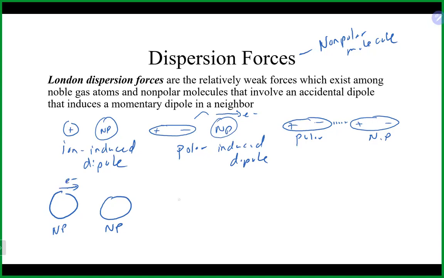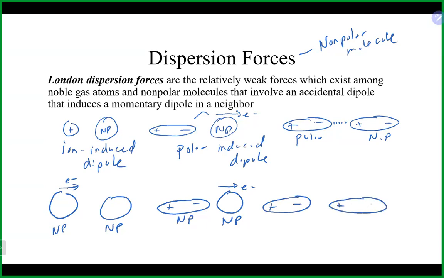That creates a temporary charge in this nonpolar molecule, which is next to another nonpolar molecule. It makes the electrons in the second molecule shift too. Now these two nonpolar molecules that started out with no separation of charge have temporarily gained a separation of charge, and they're able to interact with one another through that.